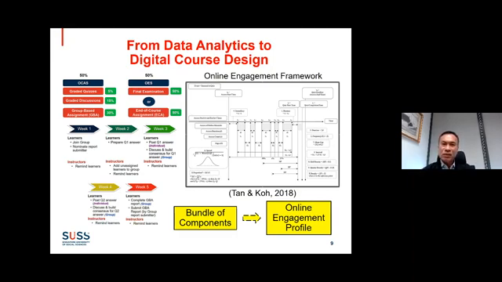And Jess has looked at how to transform this raw data into transactions, and even then we end up with millions of transactions, and from the transactions, how to measure students' online engagement behavior or pattern for this marketing course.